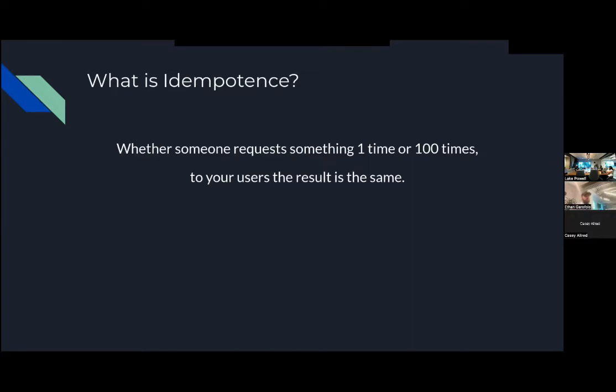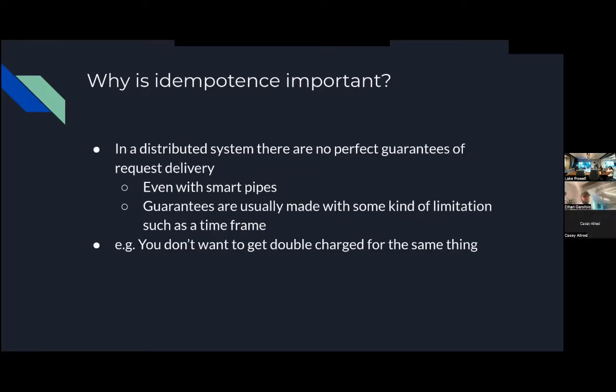So why do we care about that? What's the big deal? Well, when we're dealing with event-driven systems or microservices or anything really, when you're distributed, there are no guarantees on how often something will be delivered or how often you'll see something.